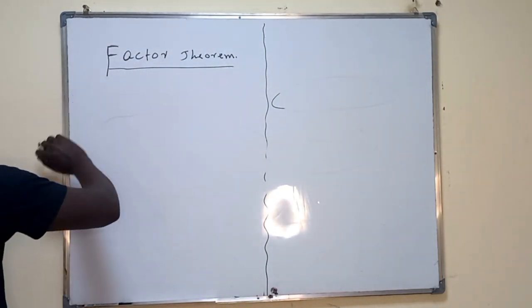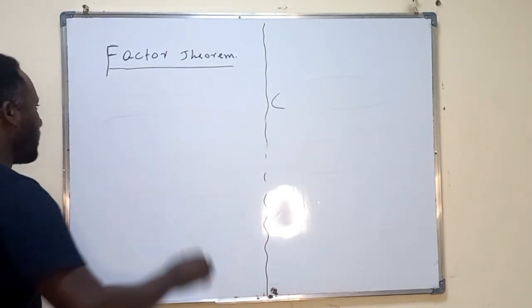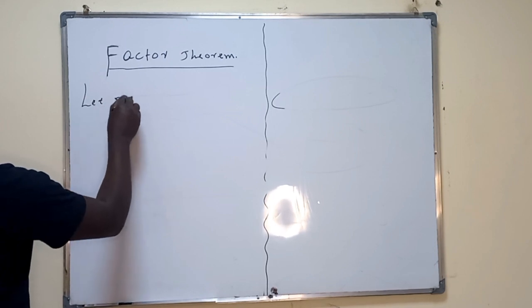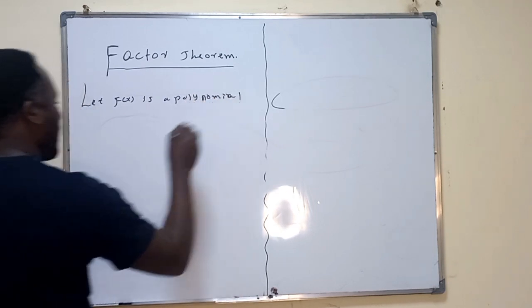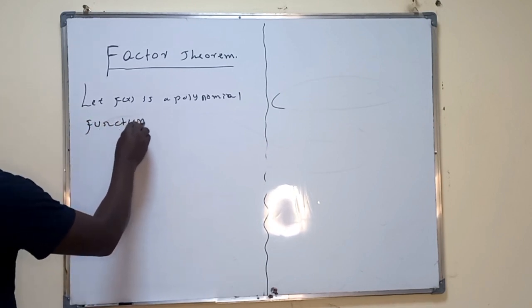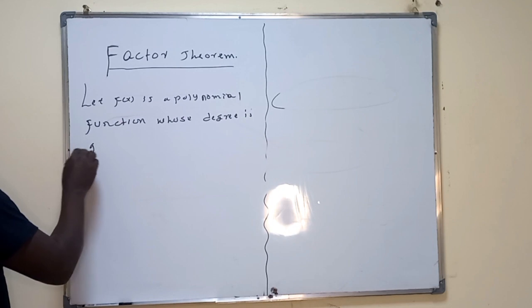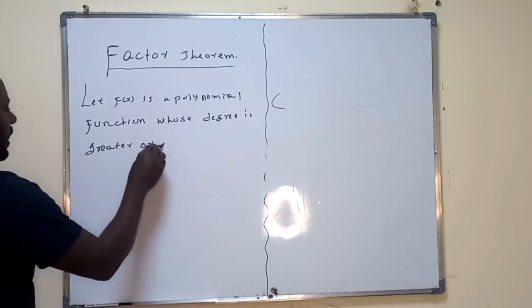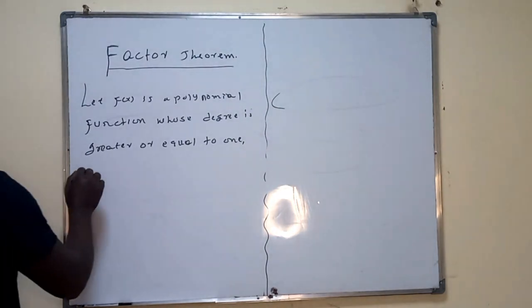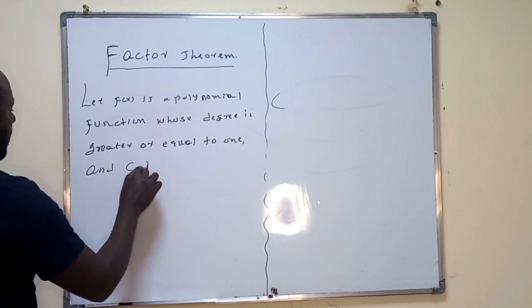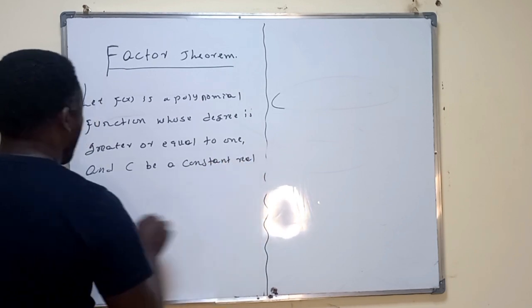Let f of x be a polynomial function whose degree is greater than or equal to 1, and let c be any constant real number.